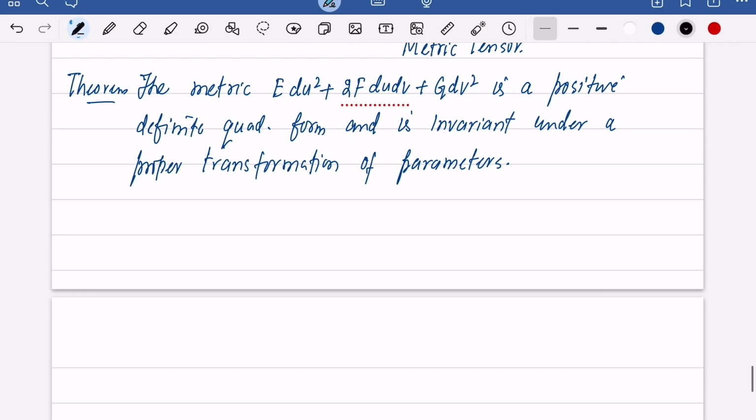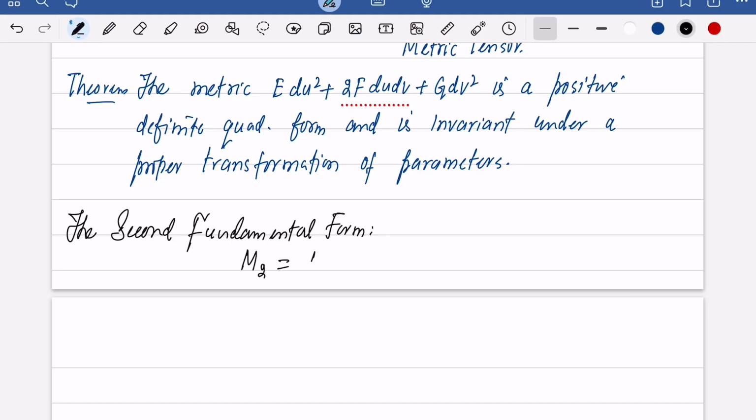Now before taking any examples, we shall first come to the second fundamental form. The second fundamental form is similarly defined, and we shall directly denote it by m2.